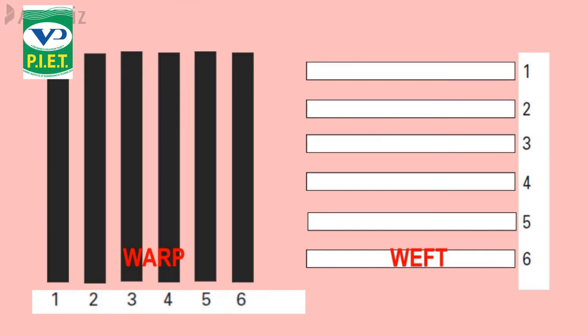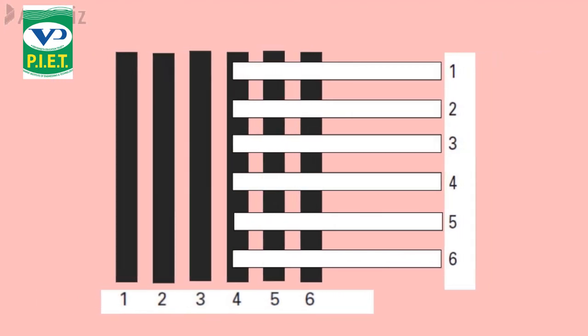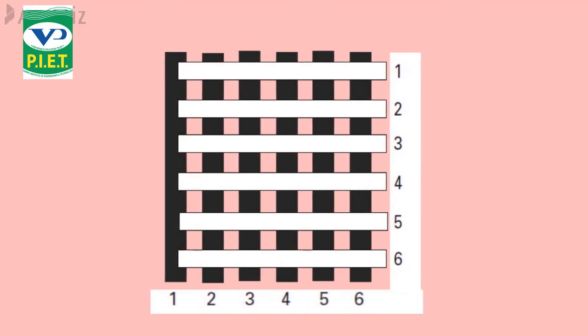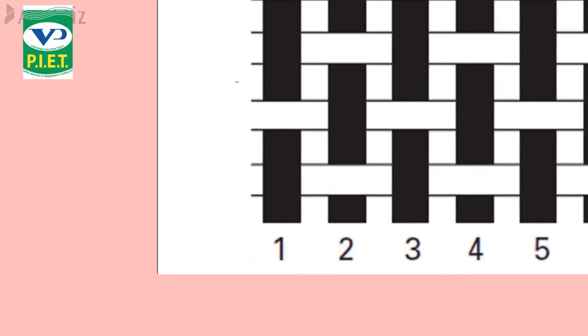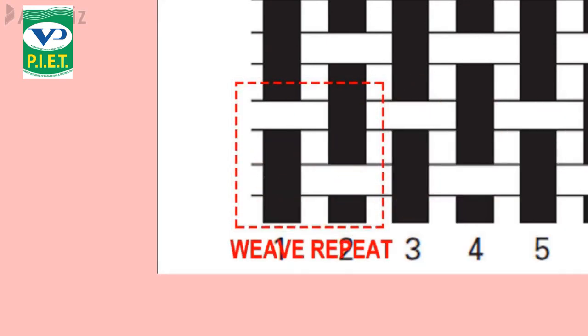Individual warp threads are called ends and individual weft threads are called picks. And their interlacement produces a coherent and stable structure. The repeating unit of interlacement is called the weave.